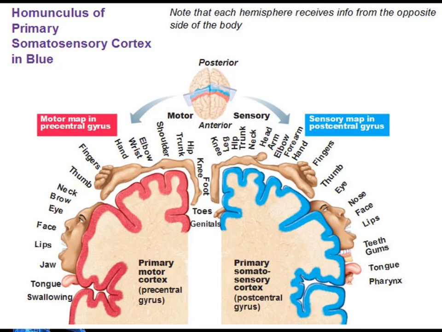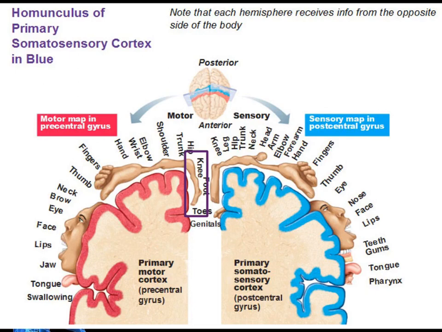So here on the left side is your precentral gyrus, which is in control of the motor function, in the pink area. And notice, we're starting near the longitudinal fissure.